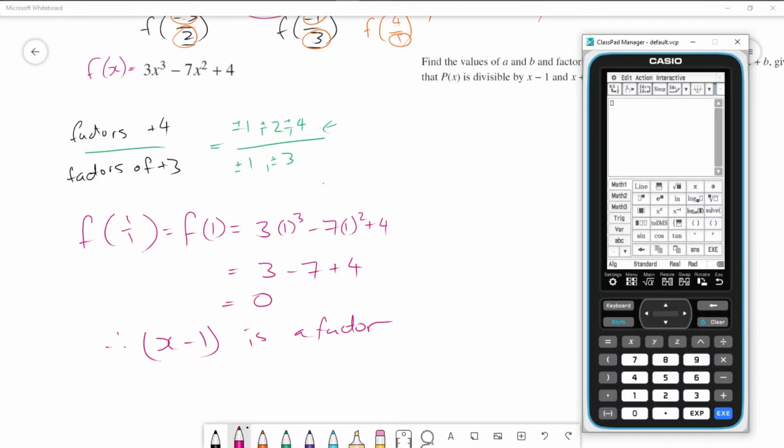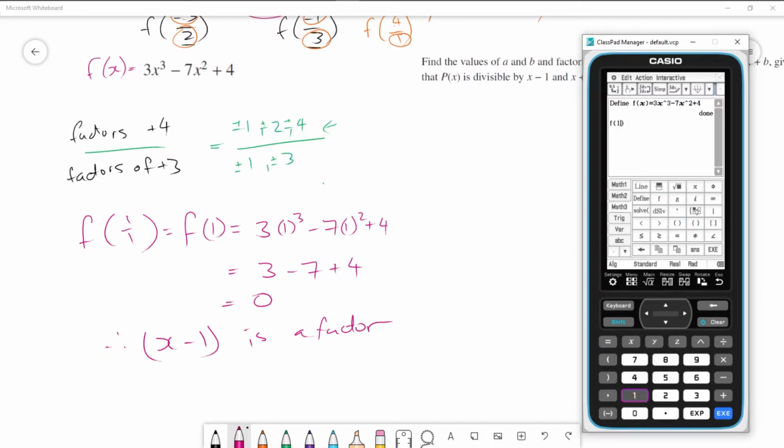So we go to keyboard, math 3, define the function f of x, and let's make it equal to 3x cubed minus 7x squared plus 4.